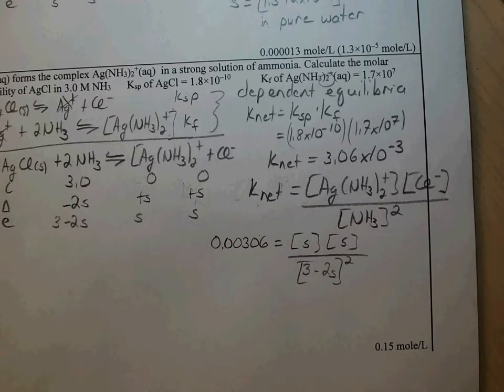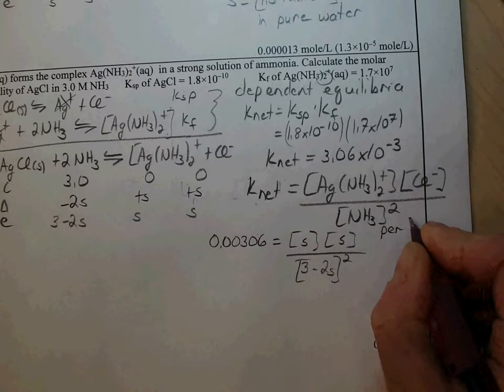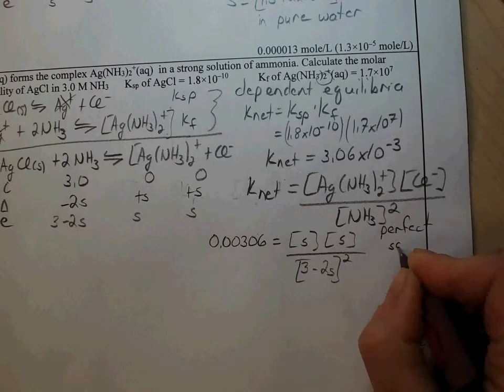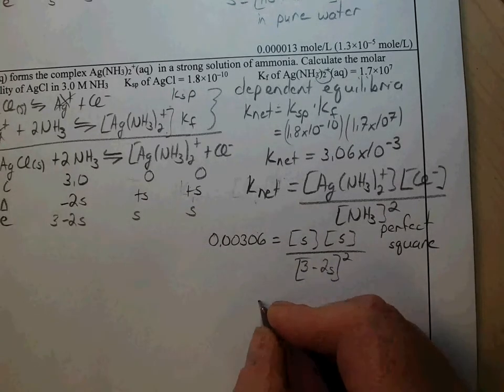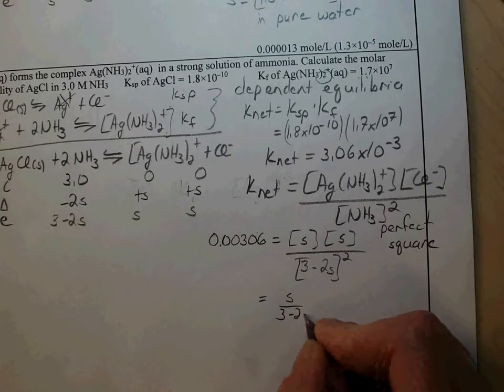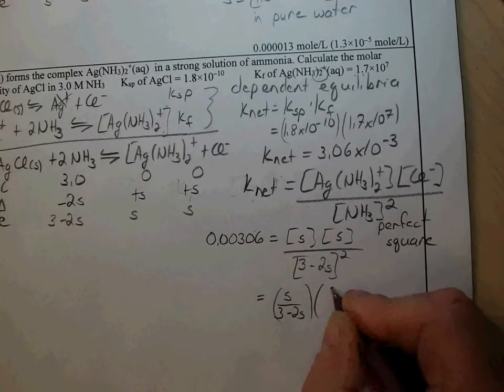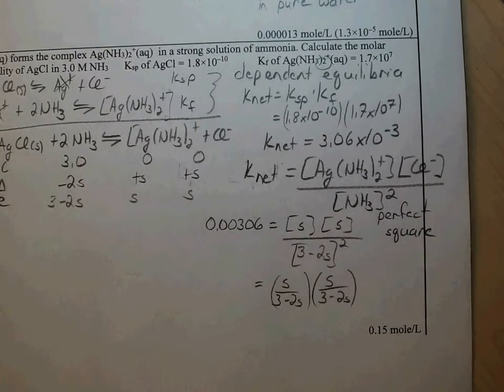Alright, so to solve this, we see that we have here a perfect square. If I take a second to write this, we have S over 3 minus 2S multiplied by S over 3 minus 2S.